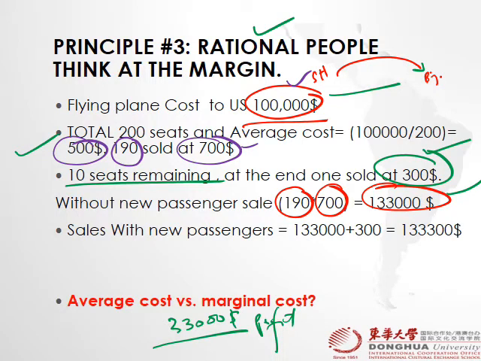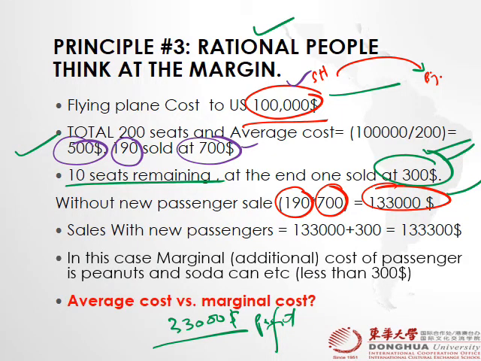What if you take that person? What are the additional costs if we give you $300? The additional cost may be some peanuts, soda cans, chips, crackers, which is of course less than $300.